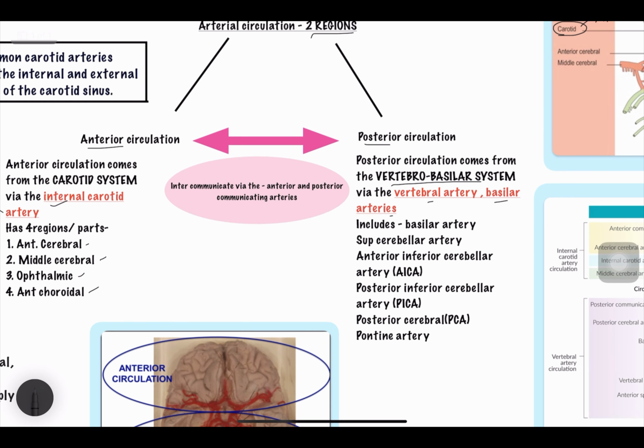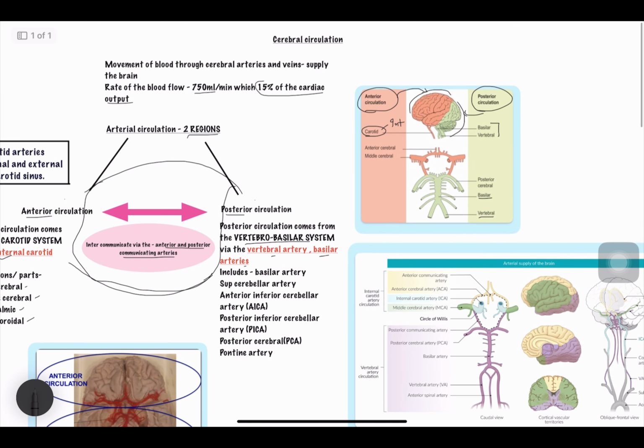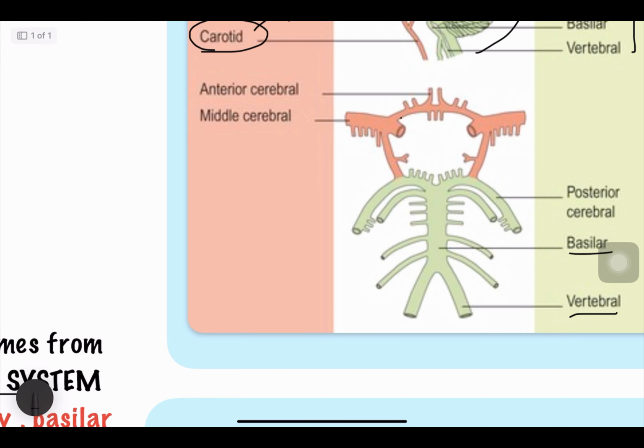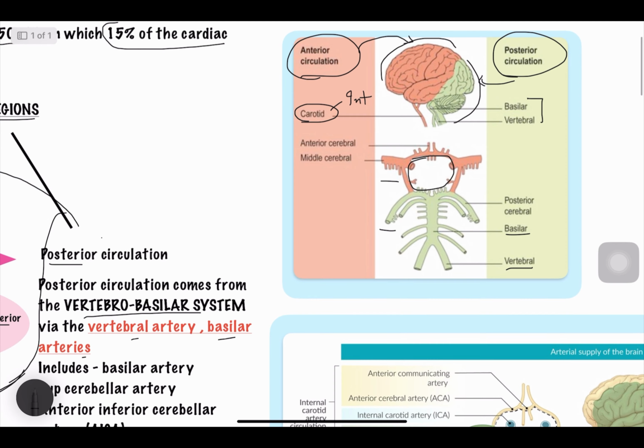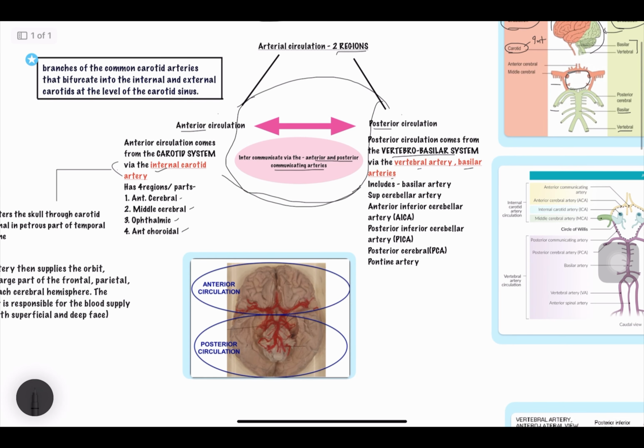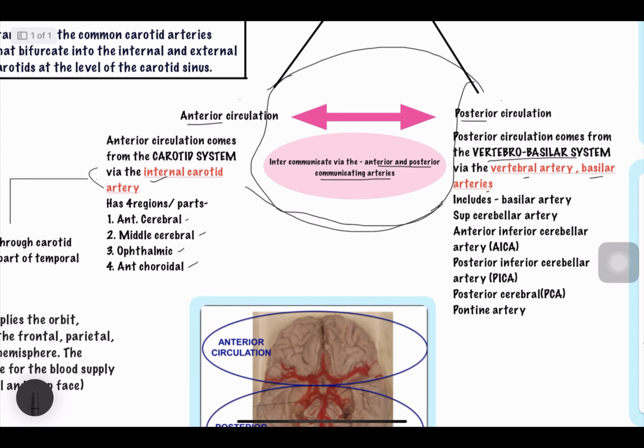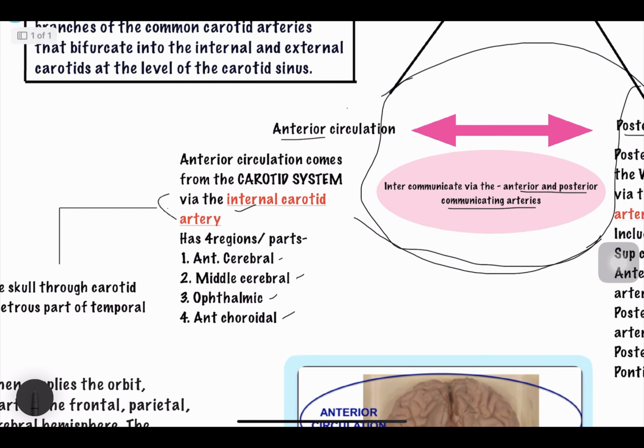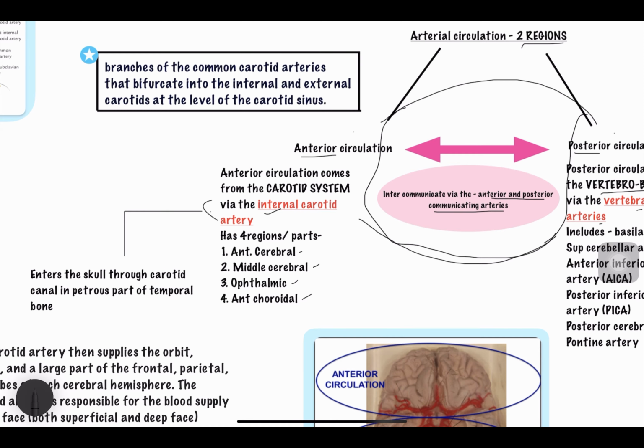In between the anterior and posterior circulation, there are also the communicating arteries, the anterior and the posterior communicating arteries, which together with the anterior and the posterior circulation form a ring-like structure in the brain, known as the circle of Willis. So talking about the anterior circulation now, which comes mainly from the internal carotid artery.